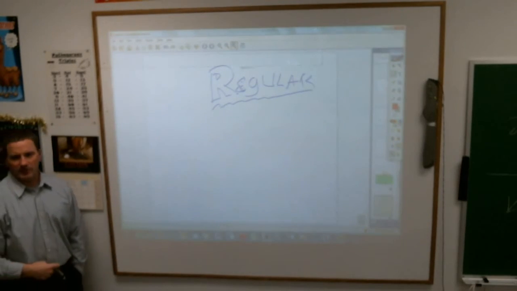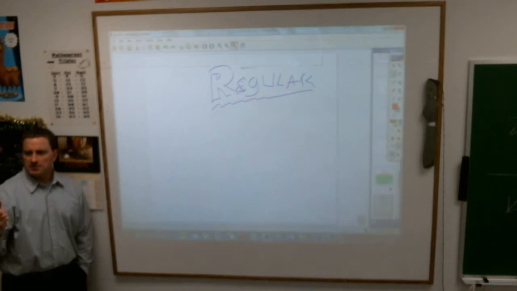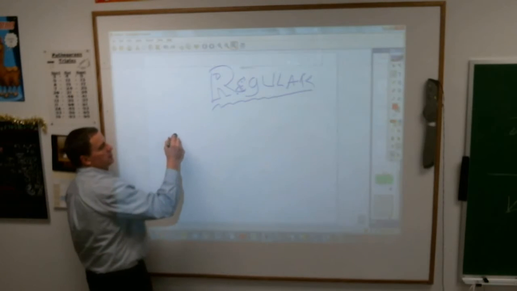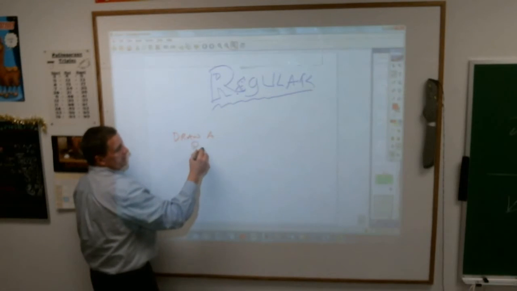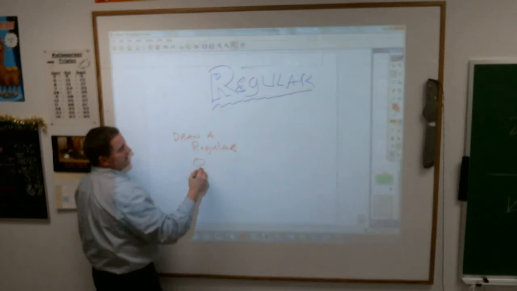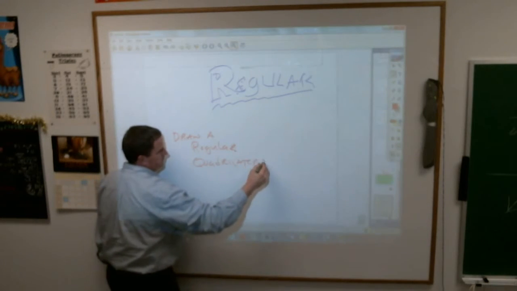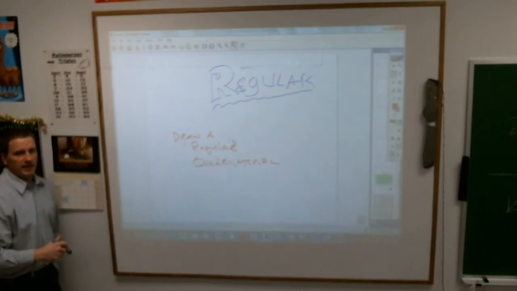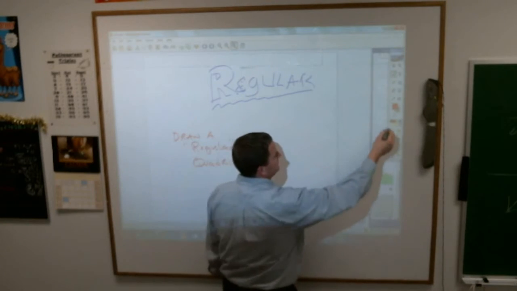Anybody, you remember what regular was? Grace? If the book said, draw a regular quadrilateral, regular is a very important word there. Nobody knows? Brian? Every side is equal in length. That's exactly it.